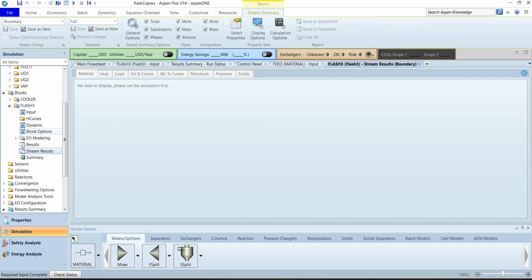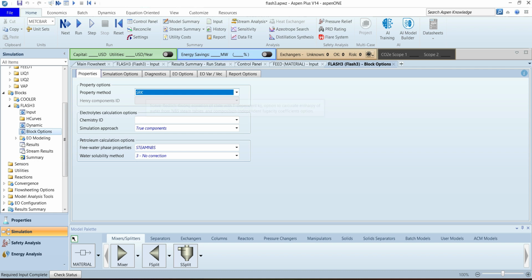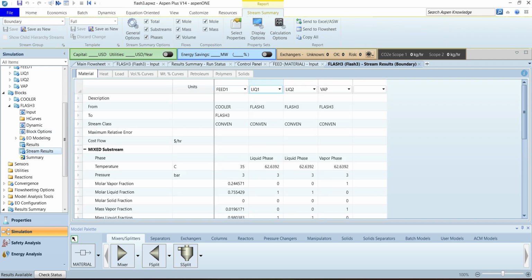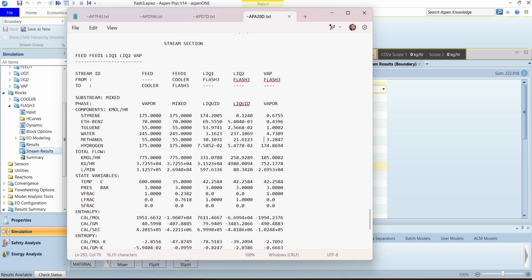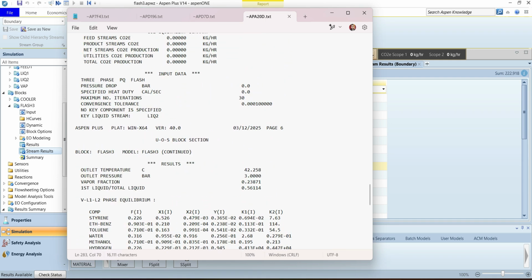Let's confirm that the method has changed to SRK. Run the simulation. Let's compare the stream results. Now it has calculated 3 different phases, but we can compare several things. For example, the temperature. The temperature of the flash 2 column was 42.258 degrees Celsius.